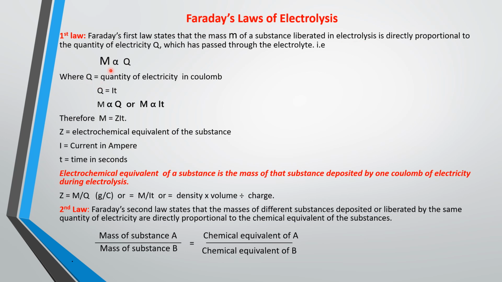Mathematically, mass is directly proportional to Q. Remember that Q is equal to current times time. So if you substitute current times time into this equation, it becomes mass is directly proportional to current times time.